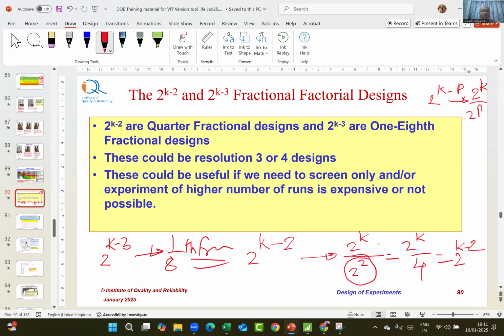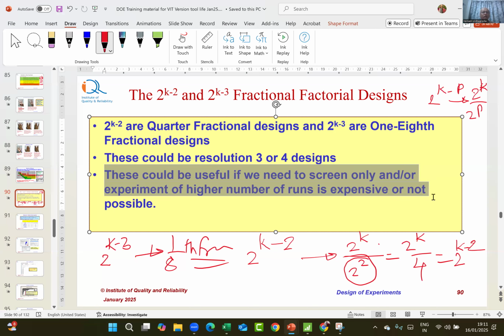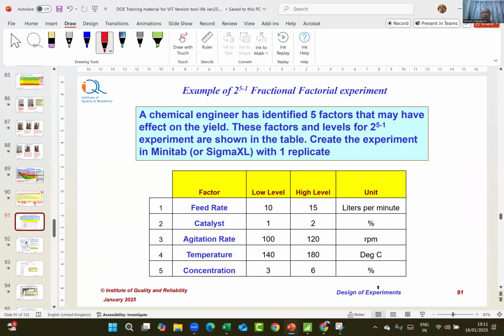So these are the fractional factorial designs that you can get, and these could be either resolution 3 or 4 designs. These could be useful if we need to screen only, or if an experiment with a higher number of runs is expensive or not feasible. Now we'll see an actual experiment and do this in Minitab.